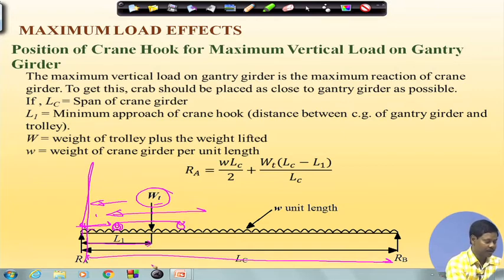as L1. So, if L1 is the minimum approach of the crane hook, that means the distance between the CG of the gantry girder and trolley, then we can find out the maximum effect, right.